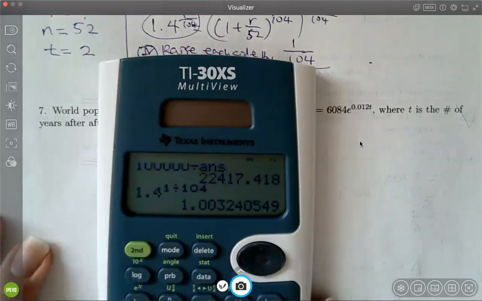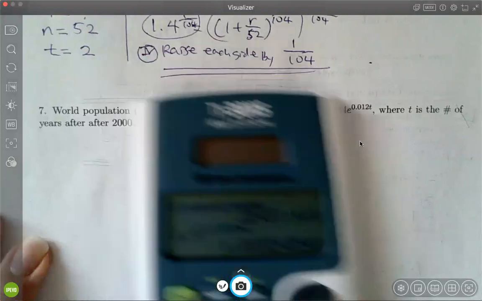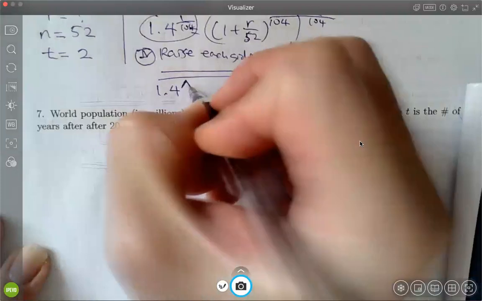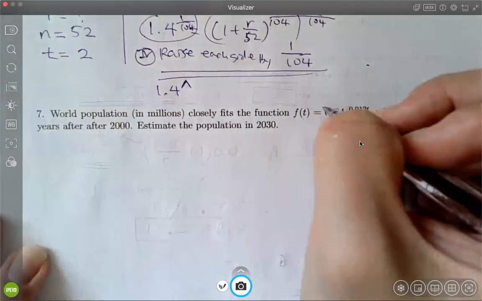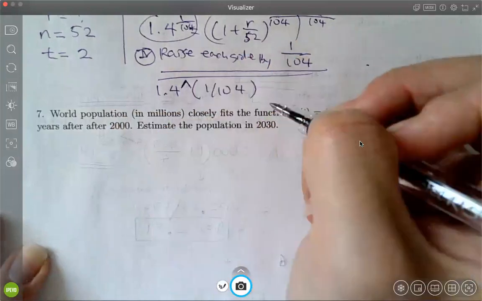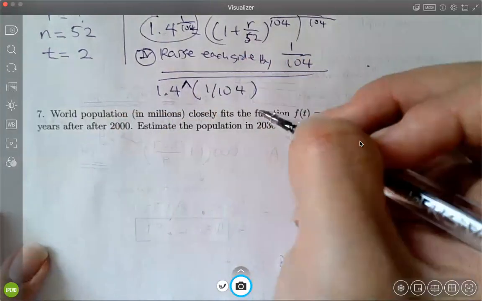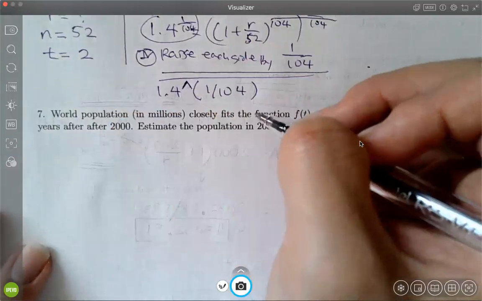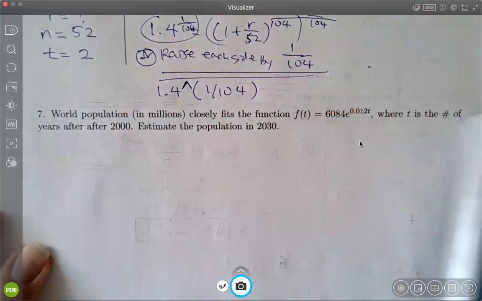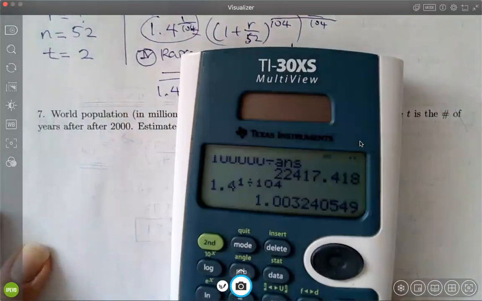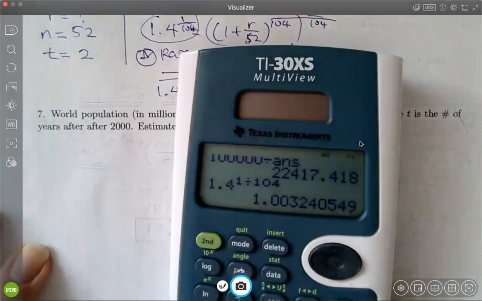But if you don't get this number, then what you have to do is 1.4 and then this exponent symbol here, and then parentheses 1 over 104 like this. So you must put parentheses around this exponent 1 over 104. But for some calculators like mine, or maybe some of yours as well, you don't have to do this. But you must get 1.0032 and so on.